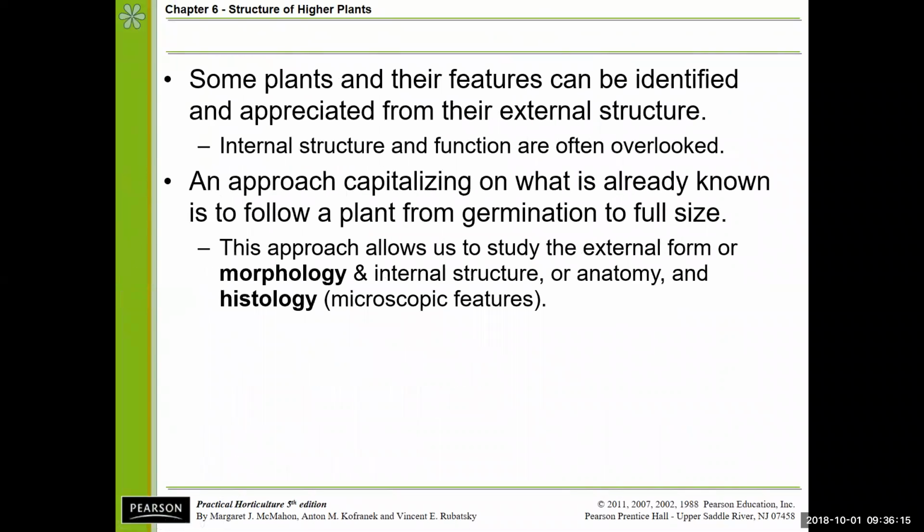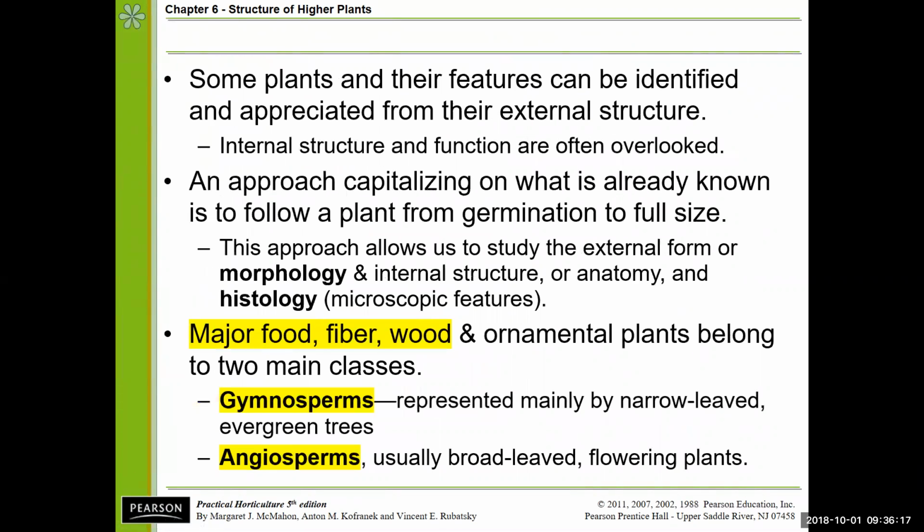So, structure of plants. Kind of going back, we talked a little bit about the taxonomy last week, but I wanted to touch on a little bit more of that, as at least what they go over. First, we're looking at two main classes of plants in terms of our crops.